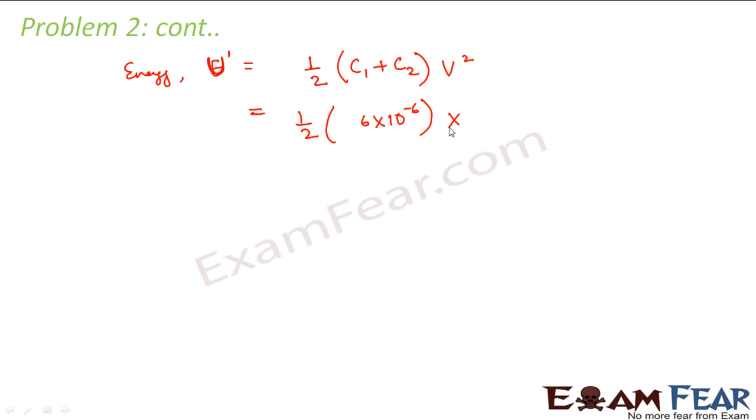Therefore, the energy in this case, let us call this energy U dash, will be equal to half into CV square. C will be equal to C1 plus C2 here, and V square will be V square. So this will be equal to half, C1 plus C2 would be 4 plus 2, that is 6, into 10 to the power minus 6 into V square.